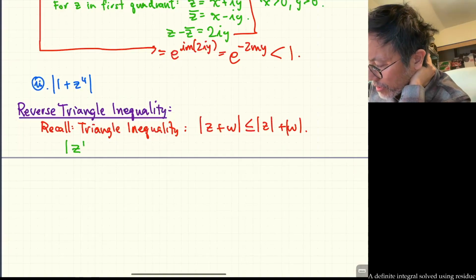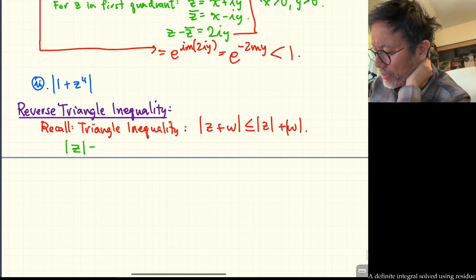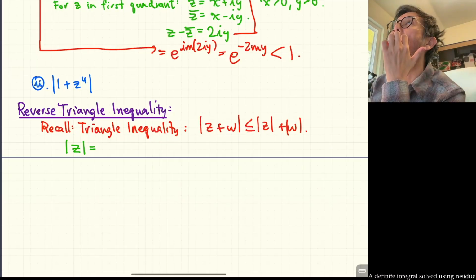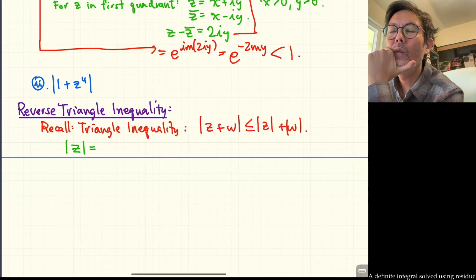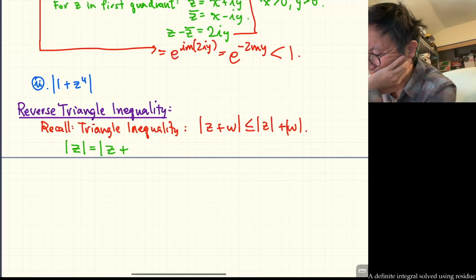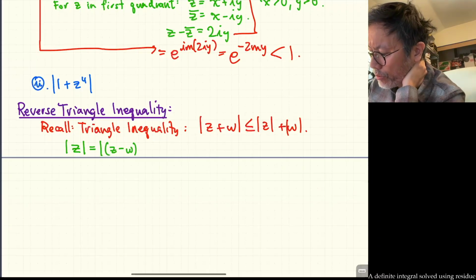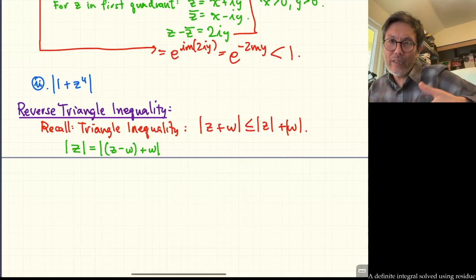I can express the modulus of z as, here's how I'll do it, z equals z minus w plus w.